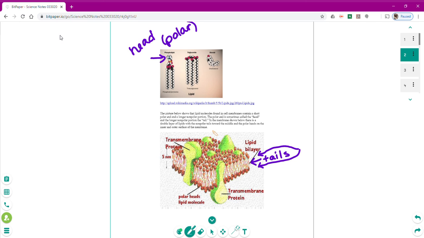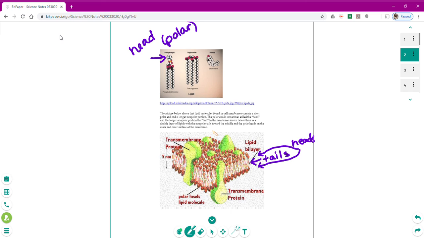Heads outside because they're polar. Tails are inside because they are nonpolar. That's where the fatty acid chains will reside, between those two polar heads.